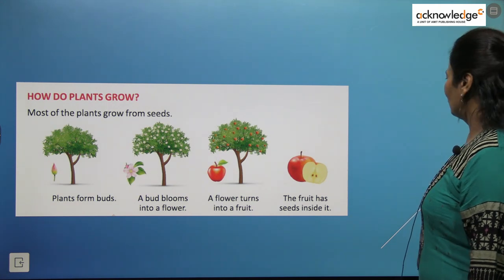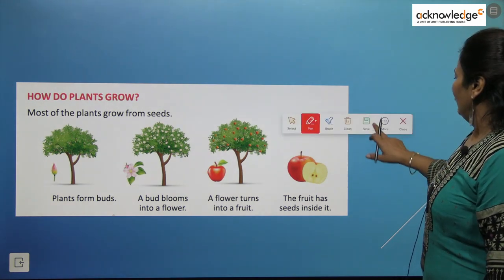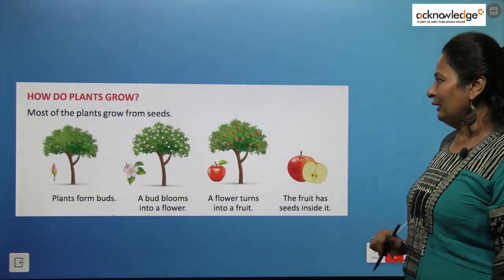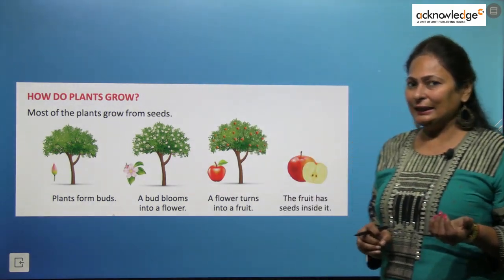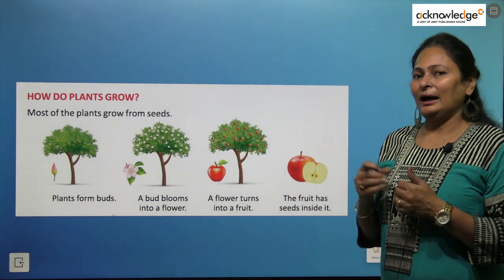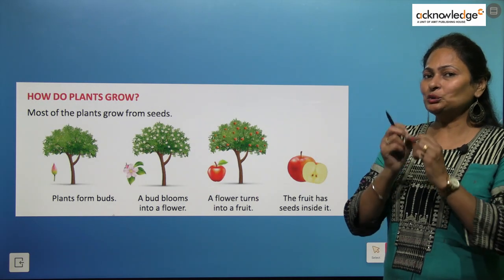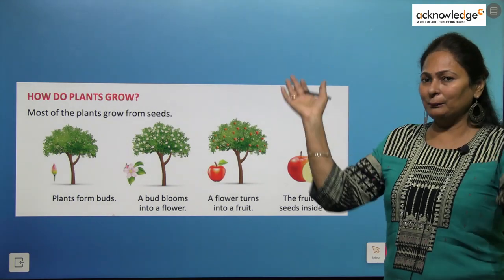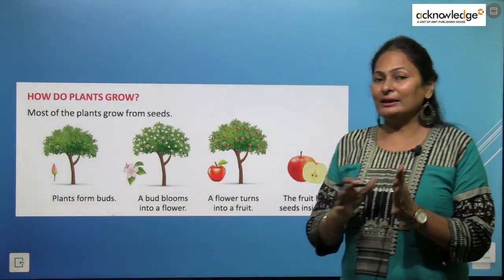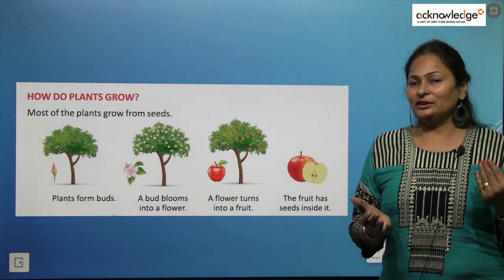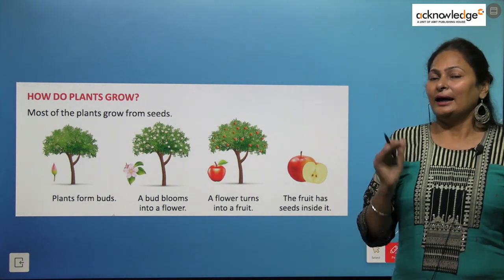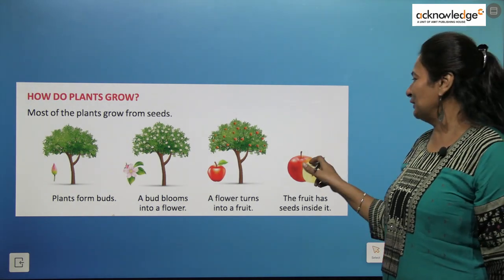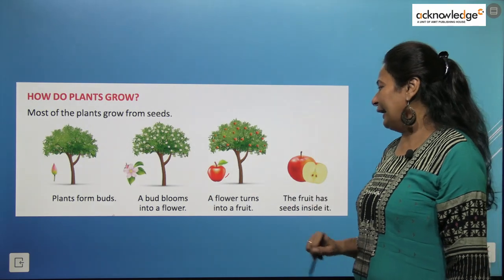How do plants grow? Here we have taken the example of apple tree, right? We have sown the seed into the soil and after some time a shoot will come out and gradually it grows and becomes a tree. And this tree first has flowers and then some flowers turn into fruit, right?